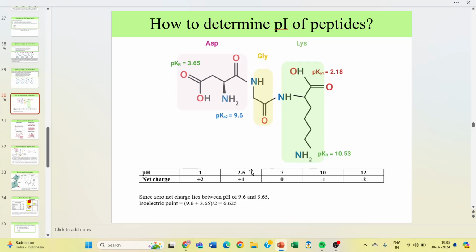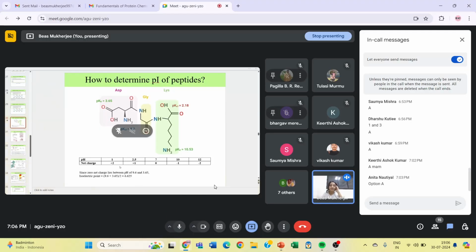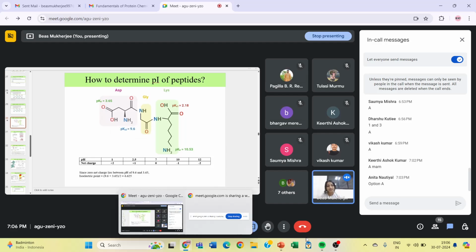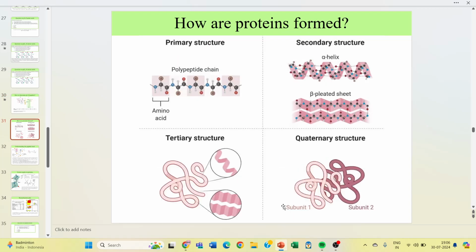Okay, so which of these are the two here? That is 9.6 and 3.65. So this is the one and this is the one, right? You'll take these two and then you'll find the pI of the tripeptide. Okay, I hope that is clear. The concept is same for all, just a little more complex.